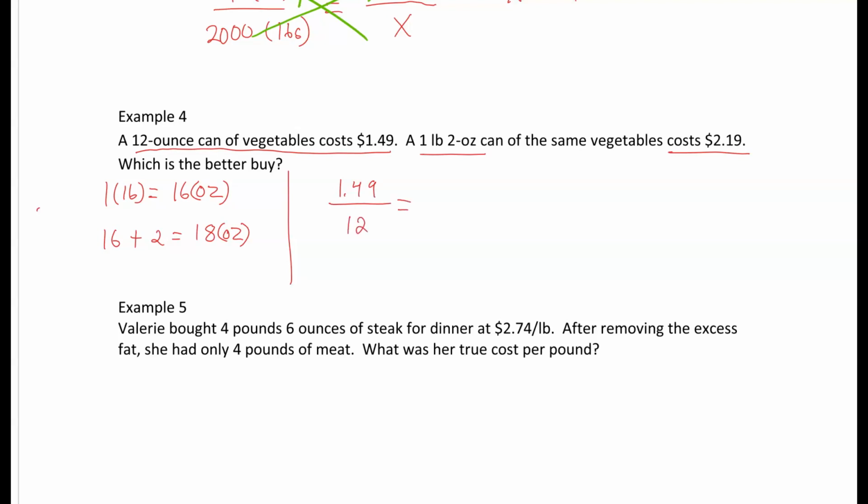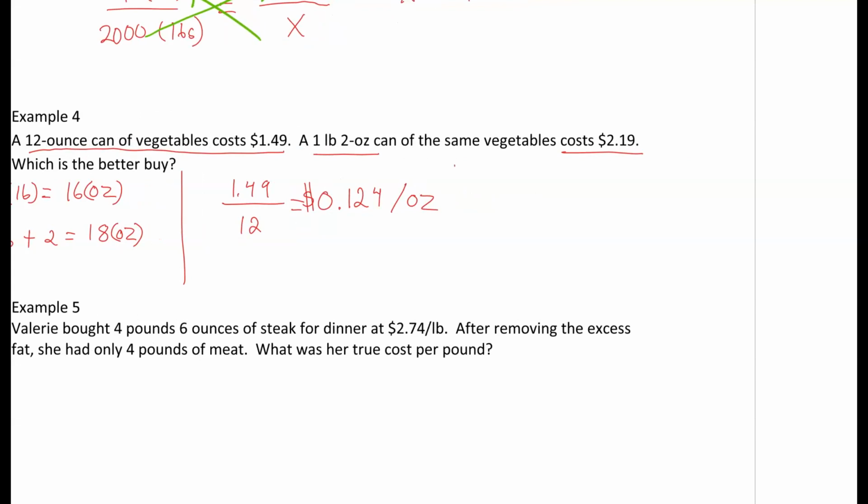If we do 1.49 divided by 12, we find our unit price is $0.12. Now, I'm going to go a little bit further just because it is going to be very close in comparison. So we're going to go to 0.124, even though that wouldn't be how it would be shown at the store. And that's going to be per ounce.